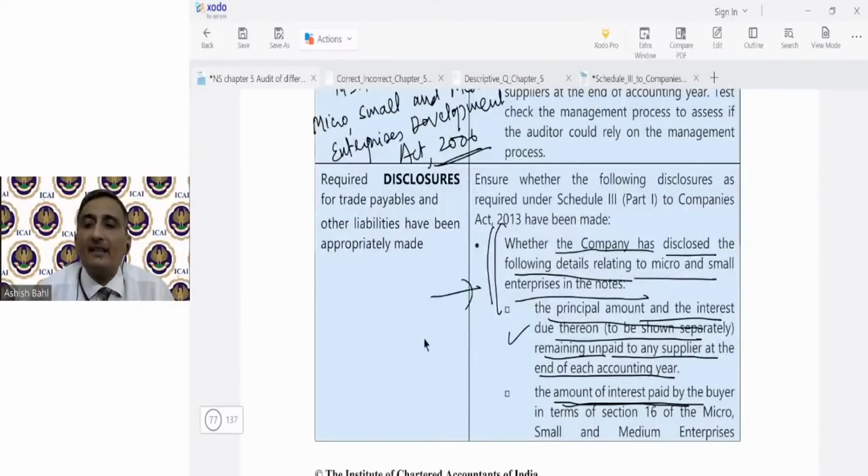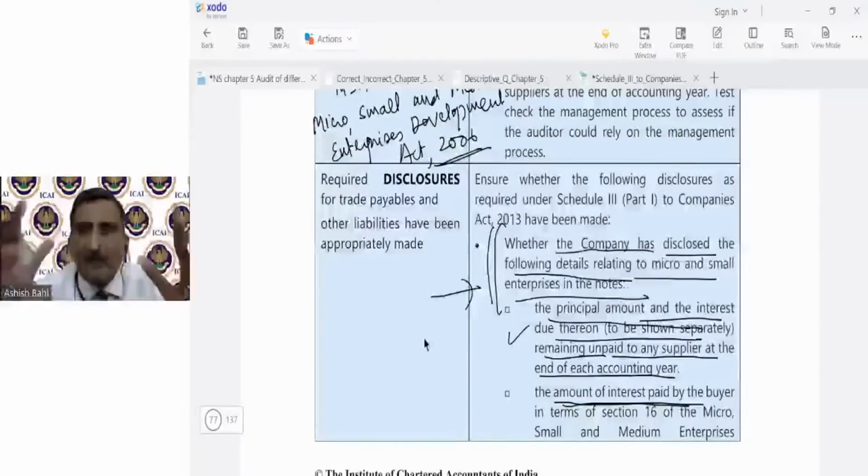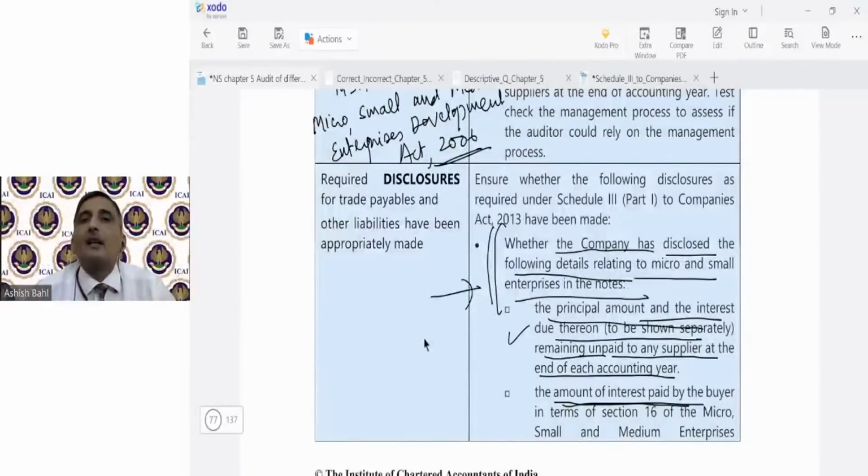These two important things are, number one, that if a company purchases some goods from micro and small enterprises, then it has to make payment to these micro and small enterprises in accordance with the time framework. If payment is not made in accordance with that time framework, then interest becomes payable under MSMED Act 2006.